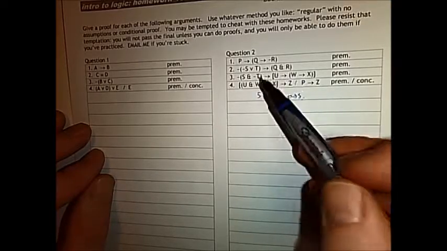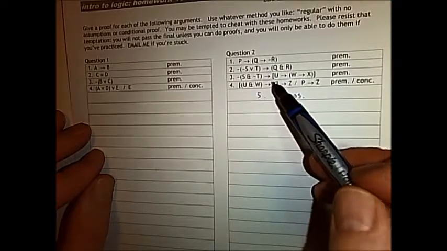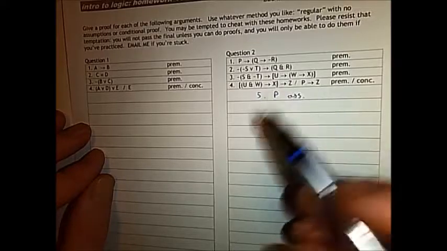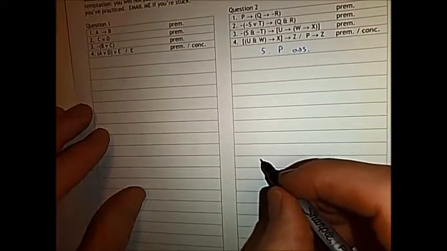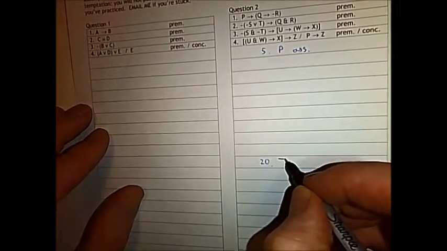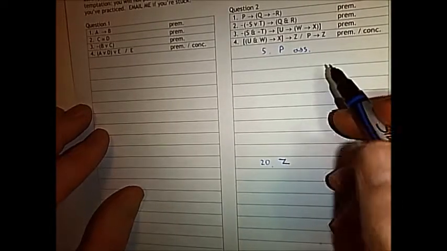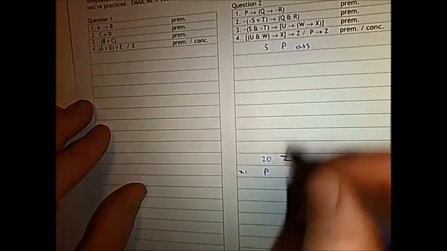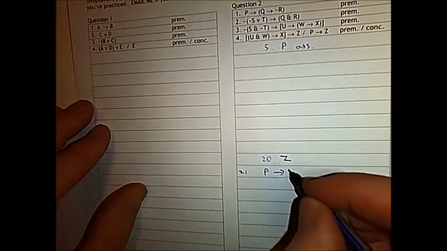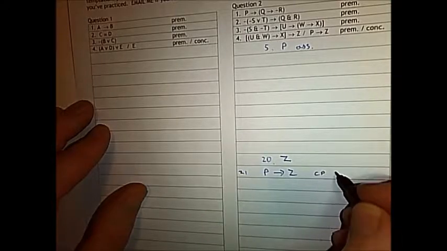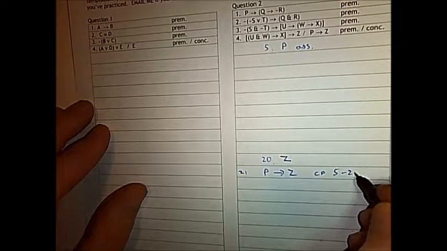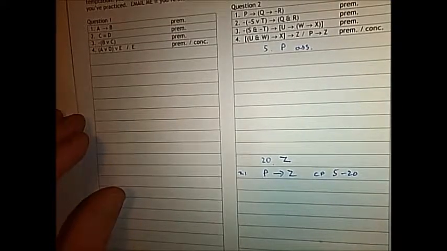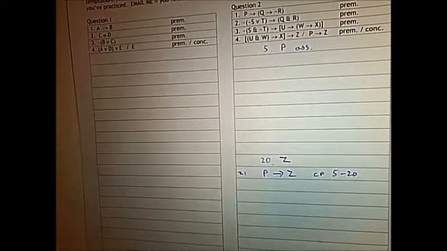And then that should set up a sort of chain of events that's going to end you up, because remember, on your last indented line, let's say line 20, you want to have Z, because then you can say on line 21, if P then Z by conditional proof 5 through 20, let's say, and you'll have the conclusion. Alright, that should do it for the first 2 questions.